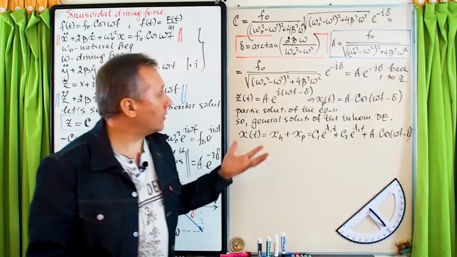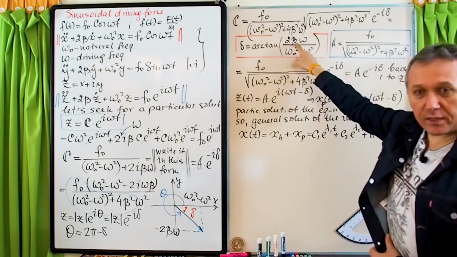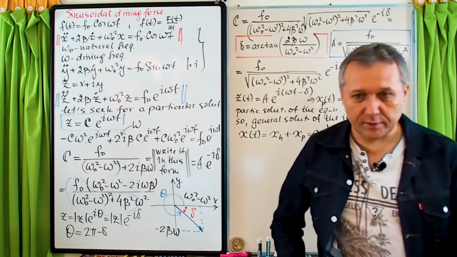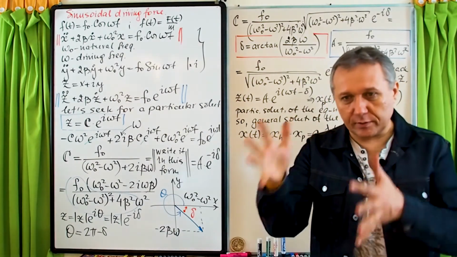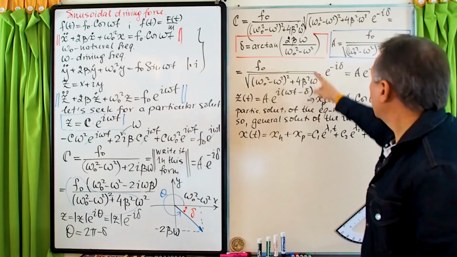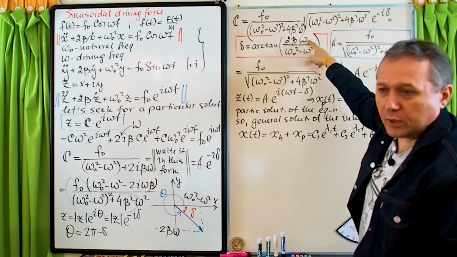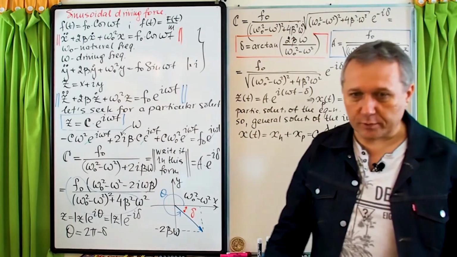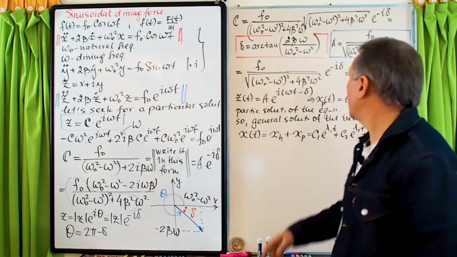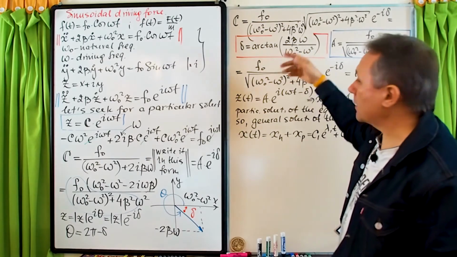Because what do they depend on? Delta depends on the damping constant, a property of the system. We assume that you have an oscillating system which is exposed to some medium. Omega, the driving frequency, if you fix the driving frequency and don't tune it, is again a property of the system. Natural frequency, again a property of the system, and again the driving frequency.